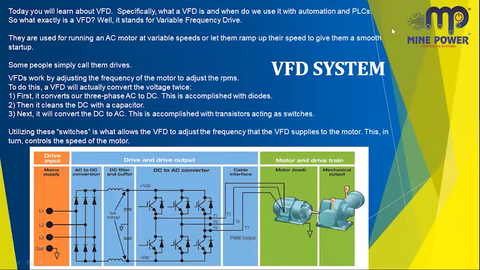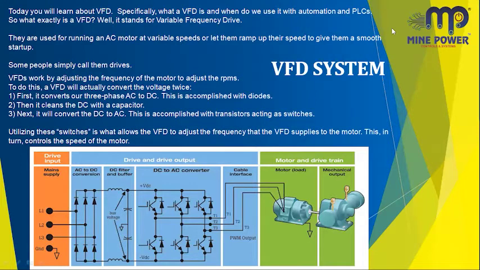The main thing first: the drive input is AC line L1, L2, L3 and ground. The three-phase supply is given to the drive. In the drive, the rectifier is used to convert AC to DC. That AC to DC conversion happens inside the rectifier, and the DC moves to the DC filter.